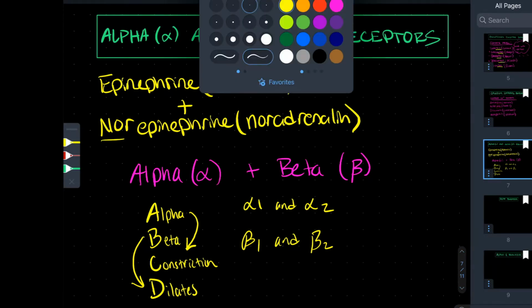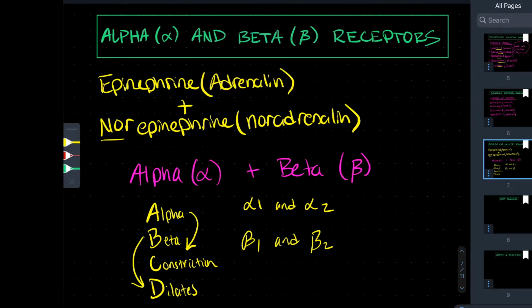A really good way to remember these subdivisions is you have 1 heart but 2 lungs. So the 2s will be found in places like your lungs, and the 1s are found in your heart.